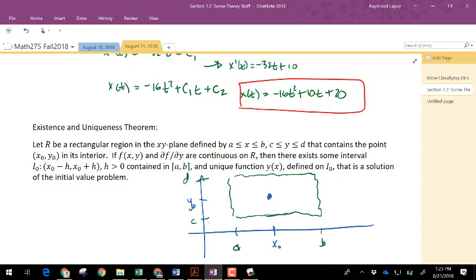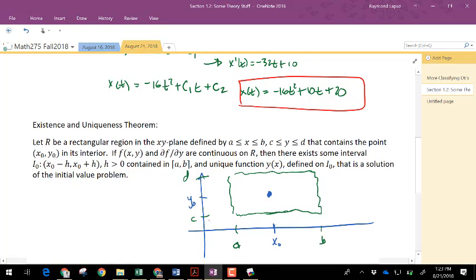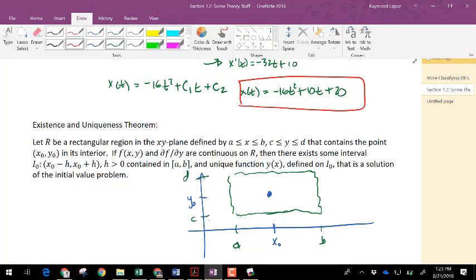So it contains a point in the interior, and then if f of x, y, so this is going into some multivariable calculus that we won't worry too much about, it's saying that the function here is continuous. So should we do this in a different color?